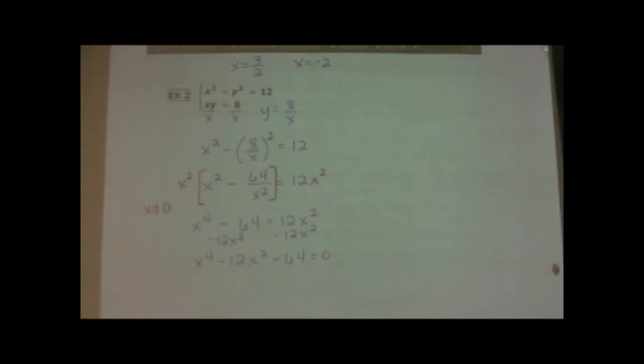And presumably I'm going to need to factor this. So I'm looking for what multiplies to negative 64 and adds to negative 12. And I'm thinking 16 and 4. So this would be x squared minus 16 and x squared plus 4. So here's what I know.